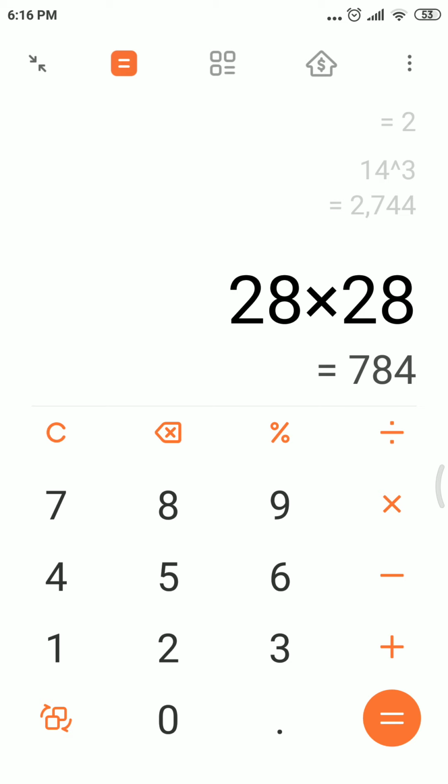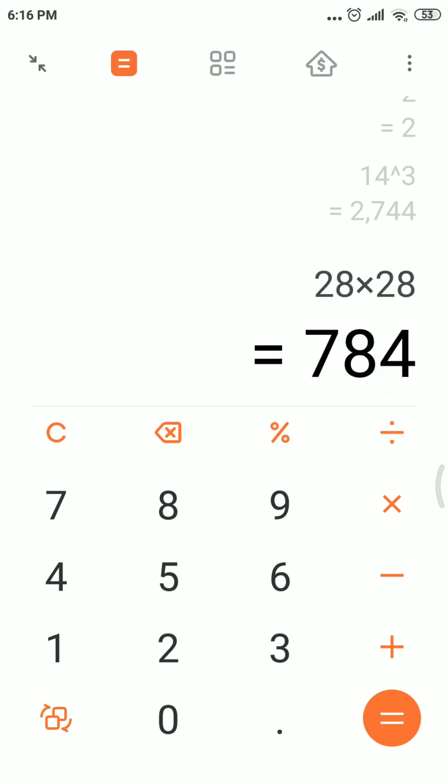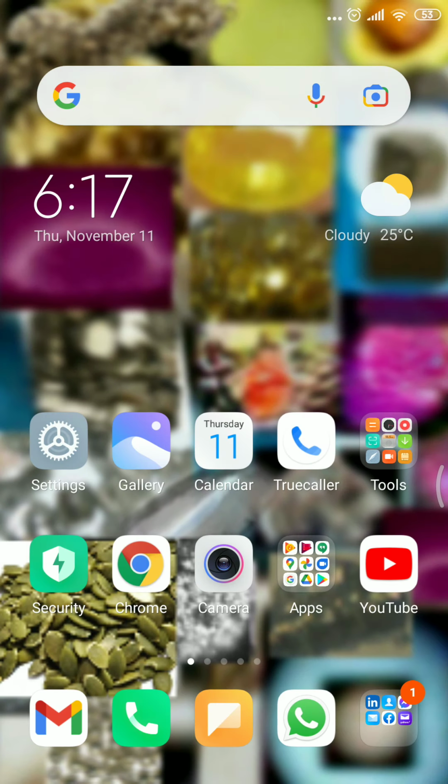So 784, this 8, it has 8th dimension, 7th dimension and 4th dimension. So basically 784, and some religions consider the number 786 as a very lucky number.